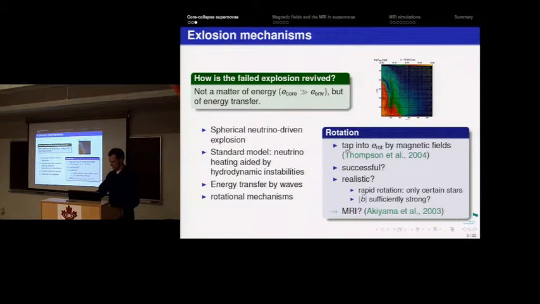The problem, though, is how realistic these explosions are, because rapid rotation is probably present only for certain stars, and strong magnetic fields are also rather uncommon, plus the probability to have both rapid rotation and strong magnetic fields is not too large. Consequently, if you consider a fast rotator, you have to rely on efficient field amplification.